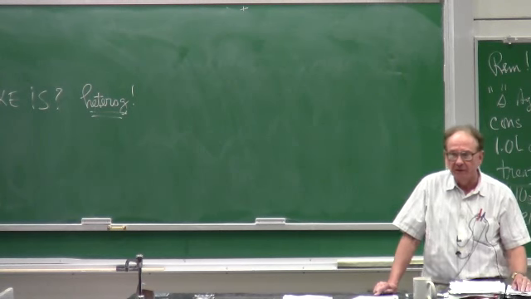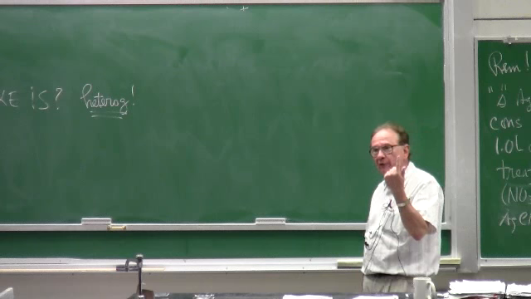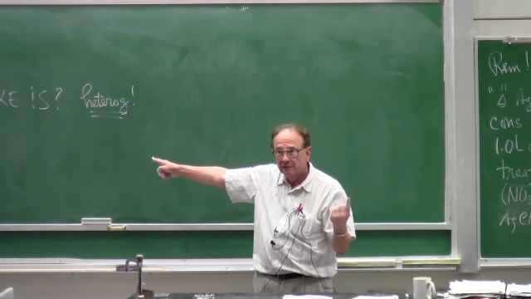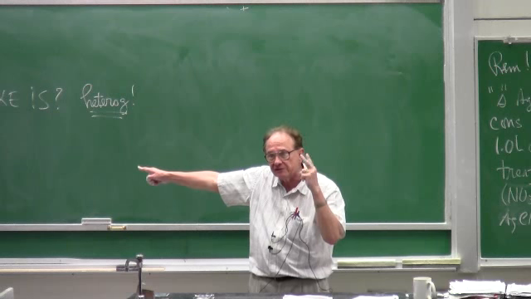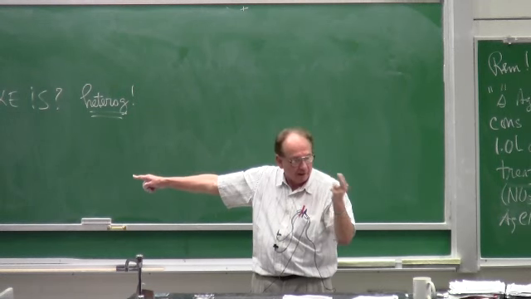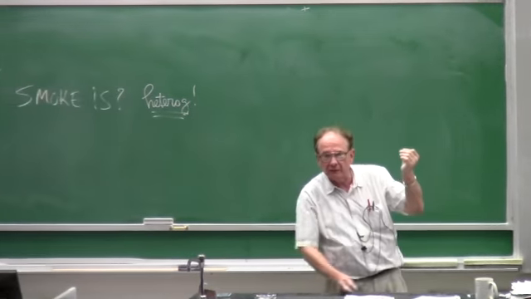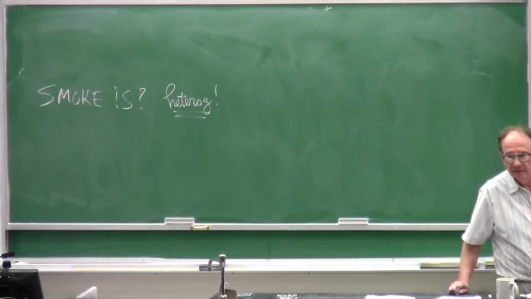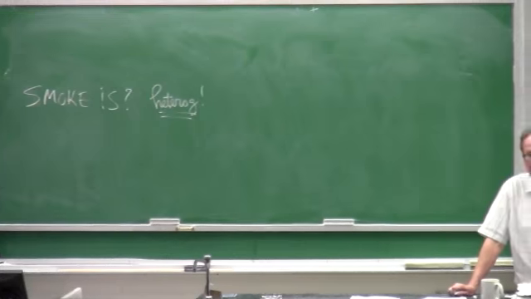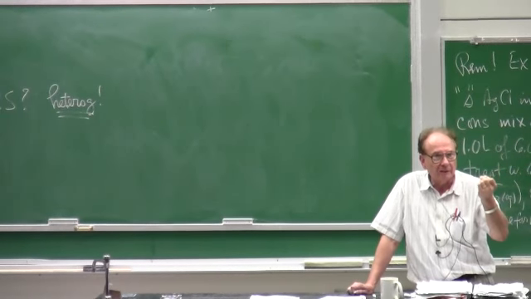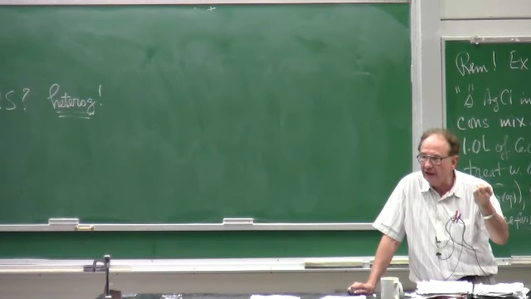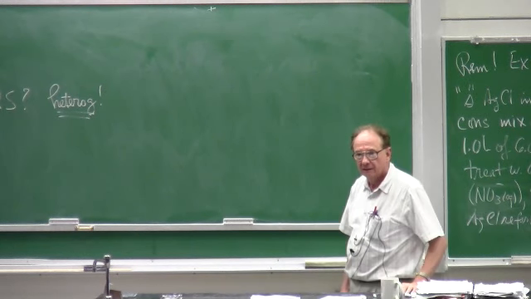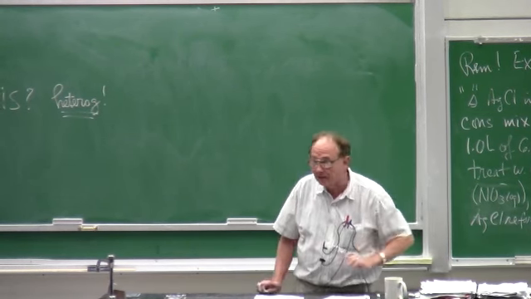What is a smoke? Is a liquid mixed with a liquid? If it's heterogeneous, we got to have two phases. What are the two phases? Is it two different liquids? Is it a liquid and a gas? Is it two solids? Is it a solid and a liquid? A solid and a gas. What is a smoke? Solid and gas.